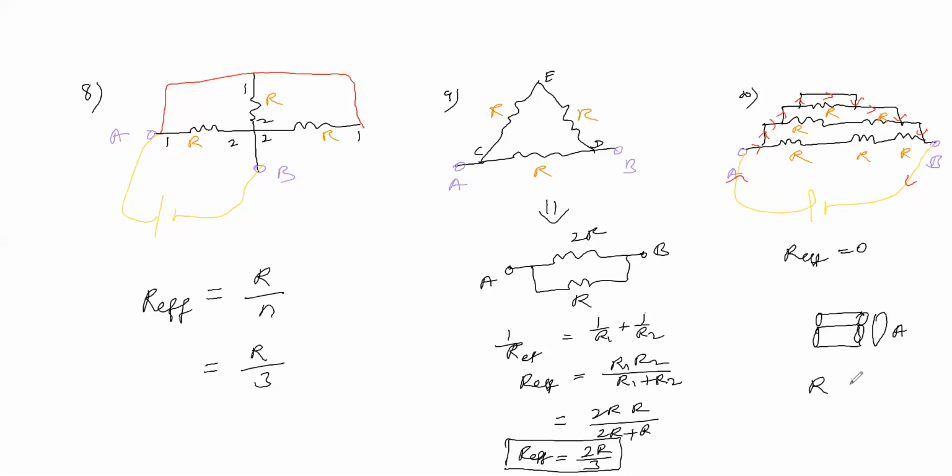Since resistance is inversely proportional to area, as the effective area increases, the resistance decreases. Hence in parallel combination the effective resistance decreases. If you want higher resistance, we have to go for series combination. If you want the lowest resistance, then you have to go for parallel combination.